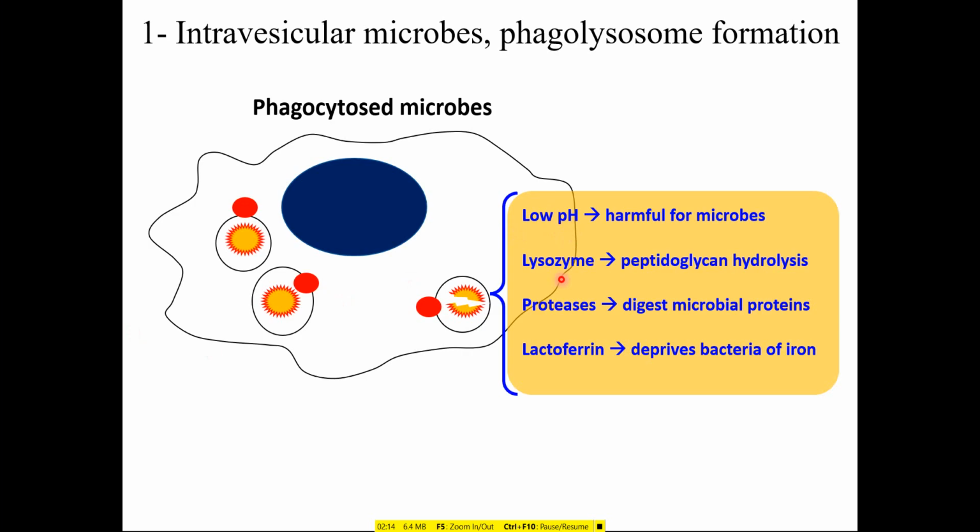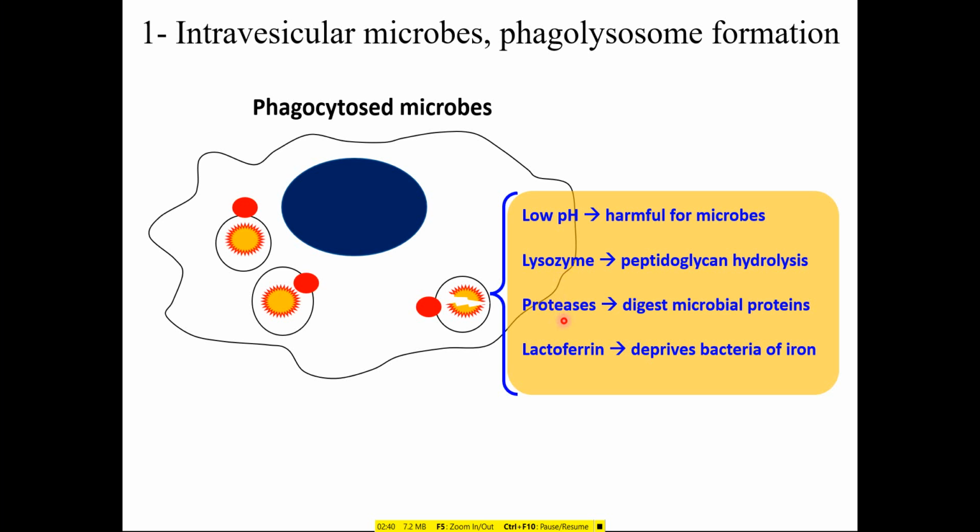What else do they have? They have something named lysozyme. Lysosome is the organelle. Lysozyme is the set of enzymes present inside the organelle, and lysozyme can cut peptidoglycans that are part of the cell wall of a lot of bacteria. So that's another killing mechanism. They also have proteases. Proteases are enzymes which cleave proteins.